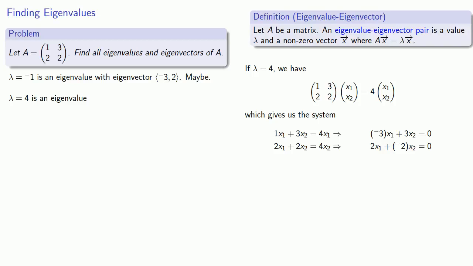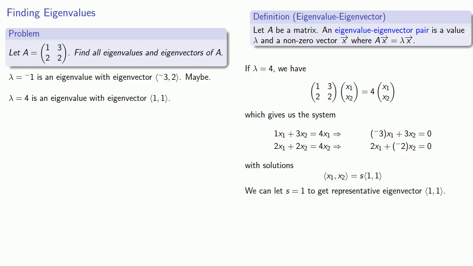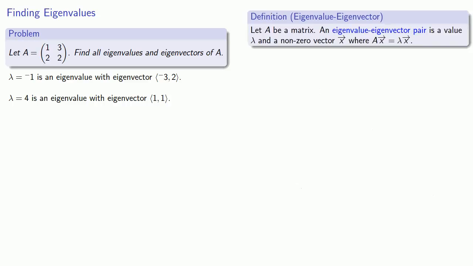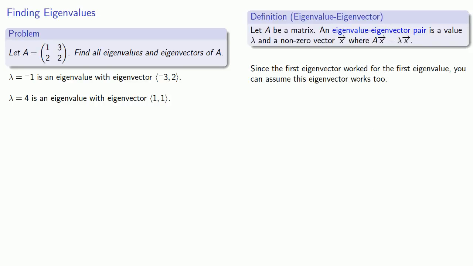And we'll take our coefficient matrix and row reduce it and get parameterized solutions in vector form. x1, x2 equals s times 1, 1. And again, we'll let s equal 1 to get our representative eigenvector 1, 1. And since the first eigenvector worked for the first eigenvalue, you can assume that this eigenvector works too. But I'd check it anyway.